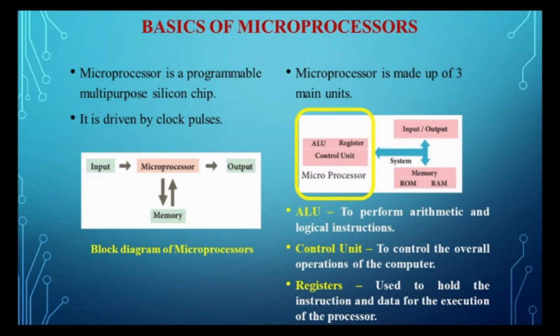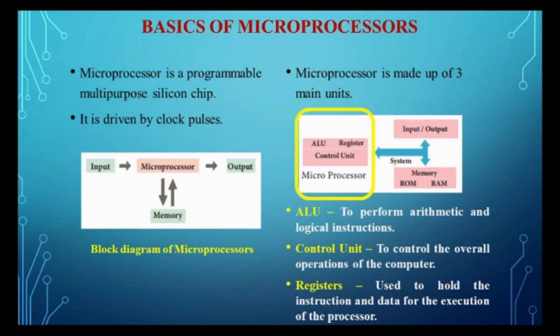It will process and provide the output according to the instructions stored in the memory. Here you can see the block diagram of the microprocessor. The input is given to the microprocessor. After that, it takes the instruction from the memory, processes the input and produces the output.